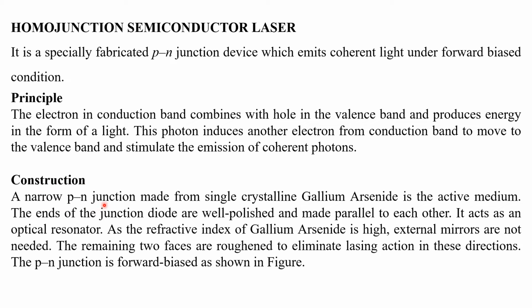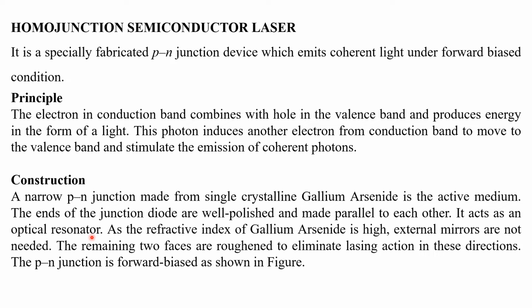A narrow PN junction made from single crystalline gallium arsenide is acting as an active medium. The ends of the junction diode are well polished and made parallel to each other, so it is acting as an optical resonator. No external mirrors are used in this homojunction.